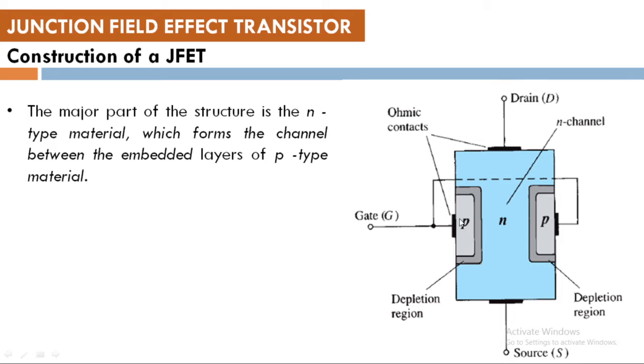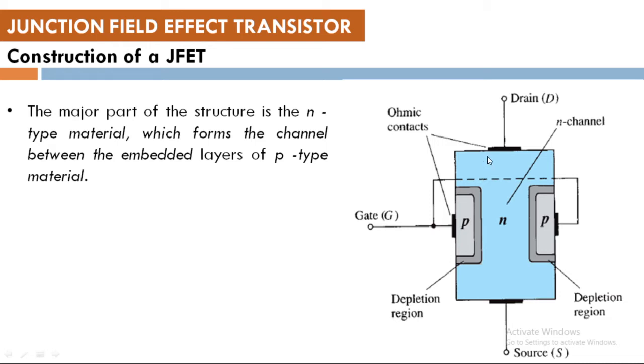As you can see, on the left side we have P type doped, and on the right hand side again P type is doped. These two sections are joined with an ohmic contact, and you can see the black portion is the ohmic contact. That means the semiconductor is being connected with the help of a metal, hence we call it ohmic contact. So these two ohmic contacts are connected together and it is called the gate.